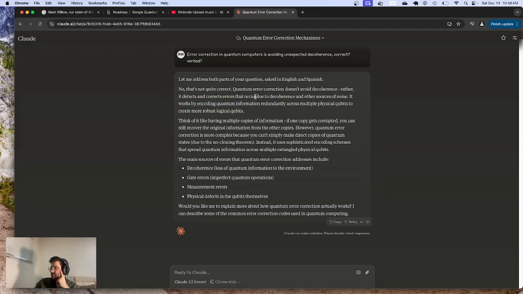Expect errors that occur due to... Well, that is what I was asking. It works by encoding quantum information redundantly across multiple physical qubits to create more robust logical qubits. And that was something I was struggling to understand.